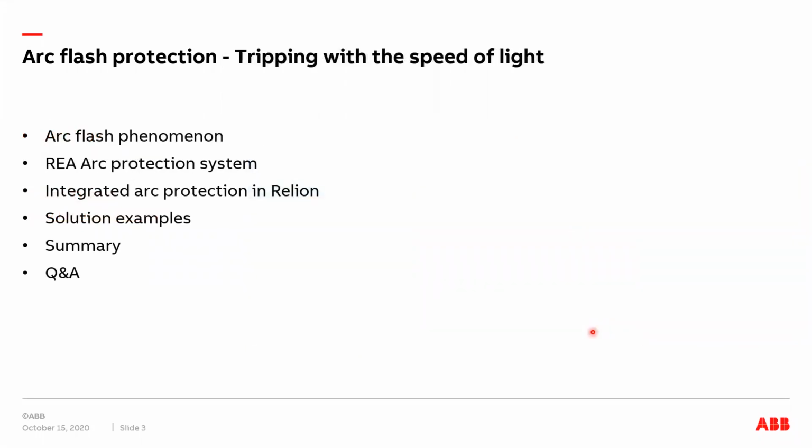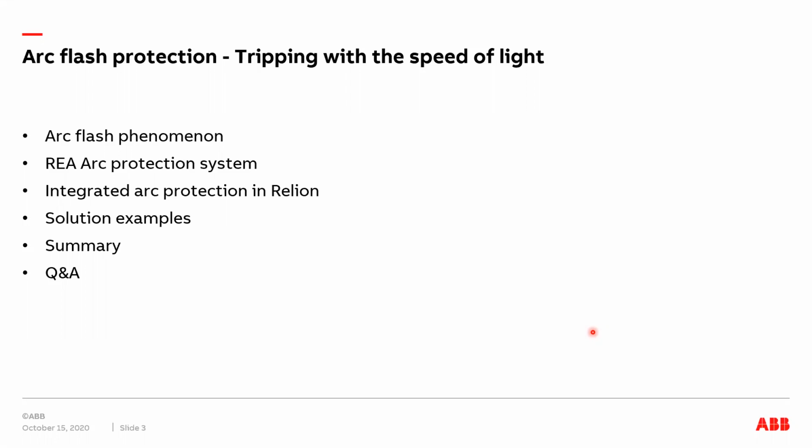The agenda today looks like this. We have roughly 40-45 minutes of time for the presentation, and then some questions. In the beginning, we will have a look at the arc flash phenomenon as such, how an arc flash occurs, and what kind of effects it has.